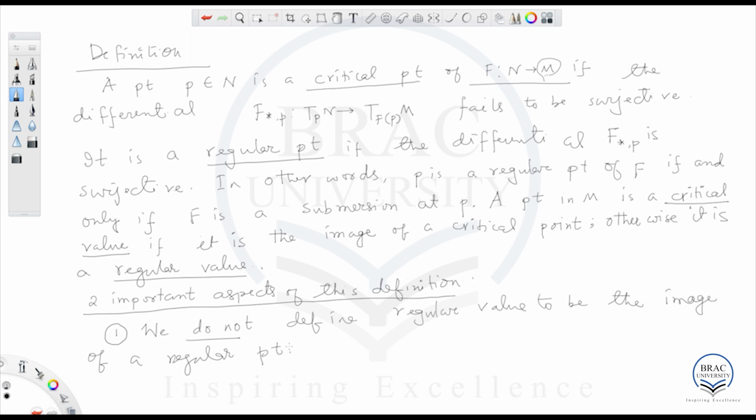Critical values in the target manifold are those points which are images of critical points in the domain manifold. Okay, but we don't define regular values this way. So regular values are the points in the target manifold which are not critical values.